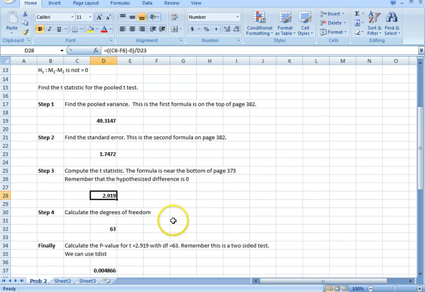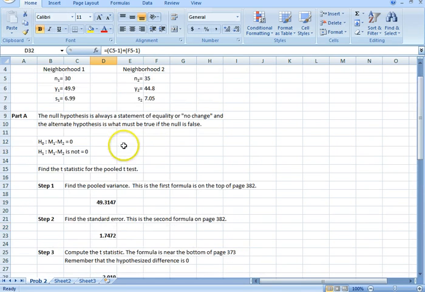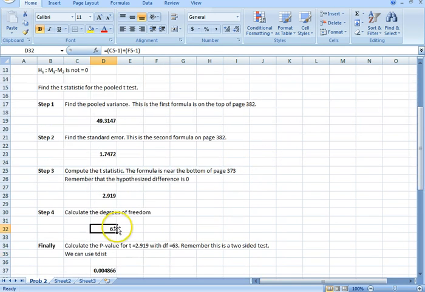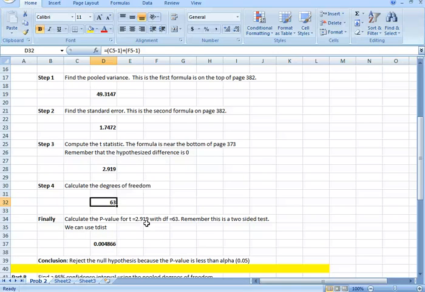Moving along, another step here, step 4, we need to know the degrees of freedom for the pooled of the two. So C5 minus 1, again 30, plus F5 minus 1, the 35 for neighborhood 2, and we get our degrees of freedom, a total of 63. Now that we have that, along with our t-stat, we can calculate our p-value.